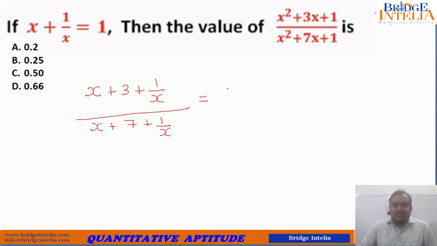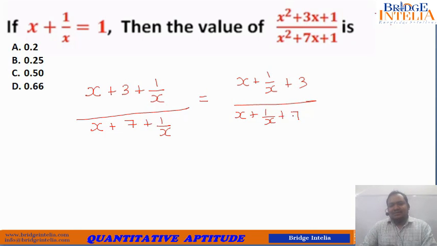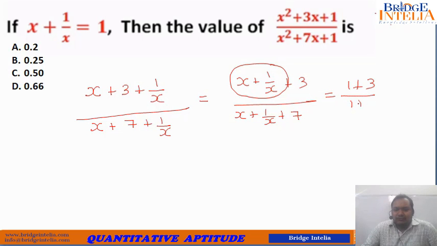So this can be rewritten as (x + 1/x + 3) divided by (x + 1/x + 7). And you already have the value for this. x + 1/x is already given to us as 1. So this is equal to (1 + 3) divided by (1 + 7), which is equal to 4/8, which is equal to half, which is equal to 0.50. So this is the correct answer.